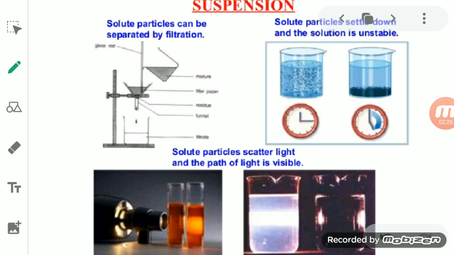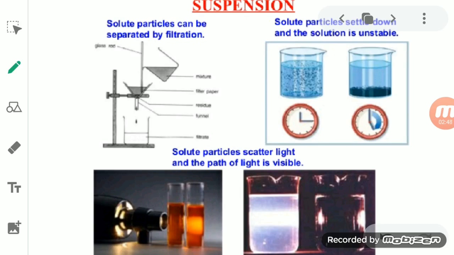Another very good example is muddy water. If you take a small amount of muddy water and keep it in the fresh water, in the pure water, then you will find that the mud particles remain suspended, or some of them get settled down at the bottom. Okay, sand particles are suspended in the water, or flour.